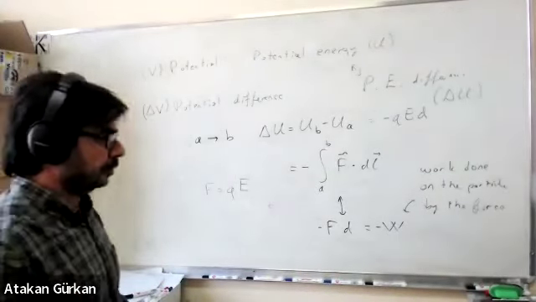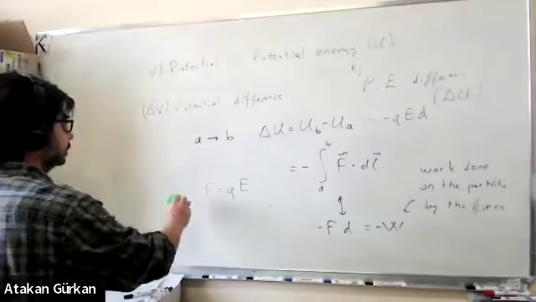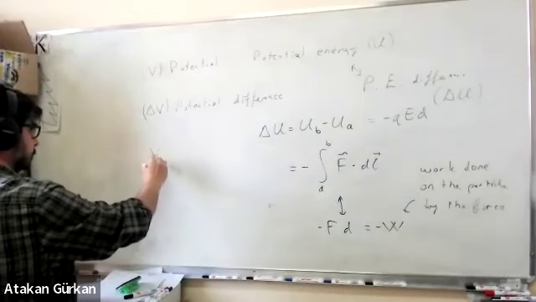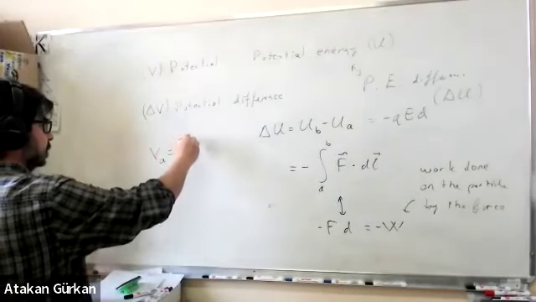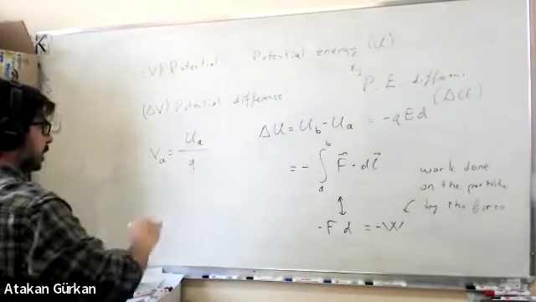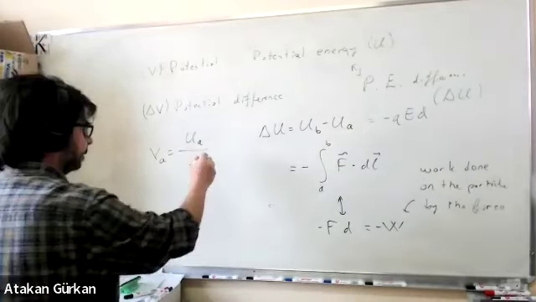Okay? And we simply define the electric potential at a given point as the potential energy of a test charge at that given point divided by the magnitude of this test charge. Okay? This is a definition.